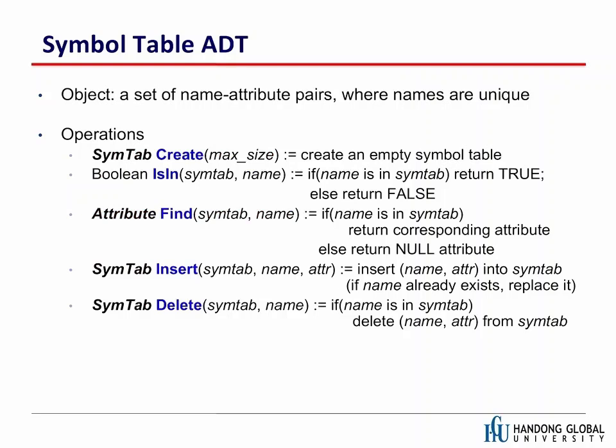Let's define this as an abstract data type. First, object is a set of name attribute pairs where names are unique. This is another important part. Names should be unique. Think about a dictionary. Sometimes one word might have a couple of different meanings, but still, we need just one unique word, including lots of meanings.